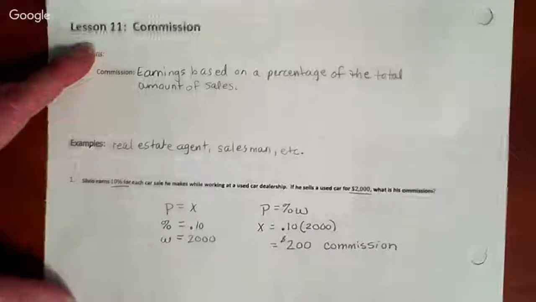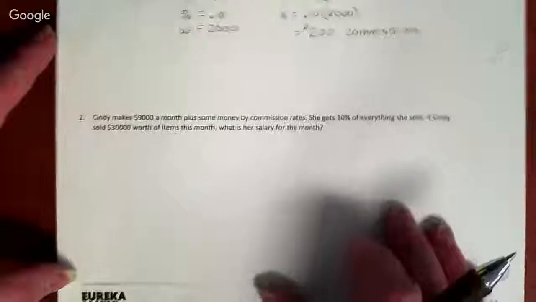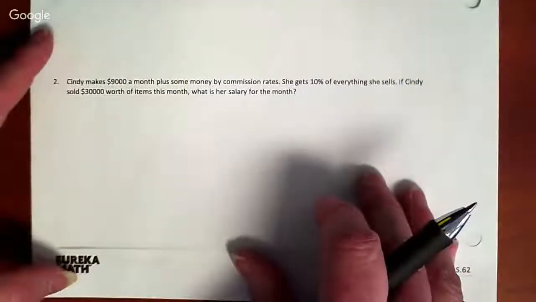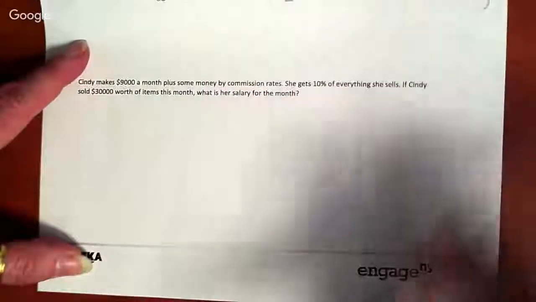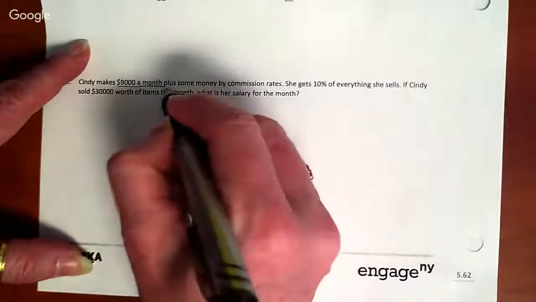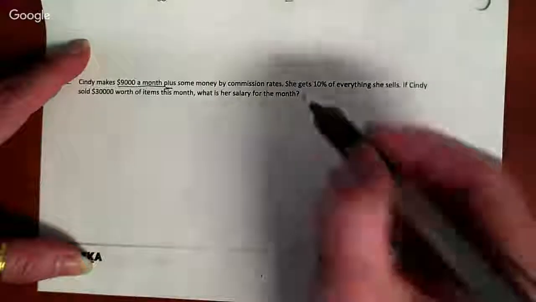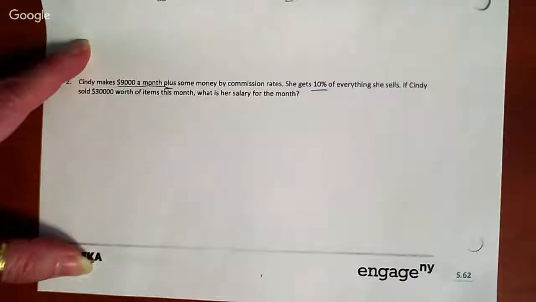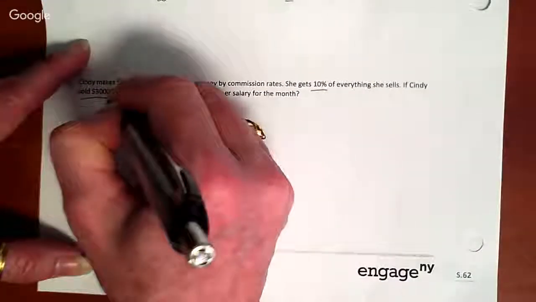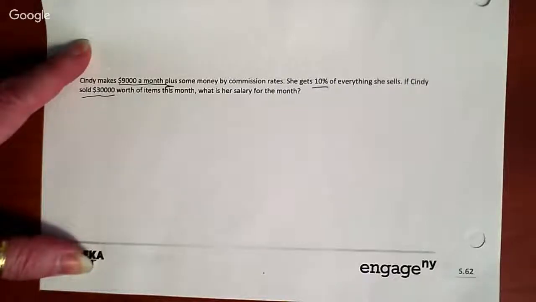Okay, next. Cindy makes $9,000 a month plus some money by commission rates. She gets 10% of everything she sells. If Cindy sold $30,000 worth of items this month, what is her salary for the month? Here we have to do two things.